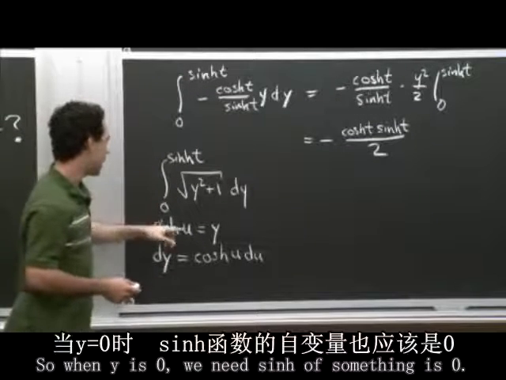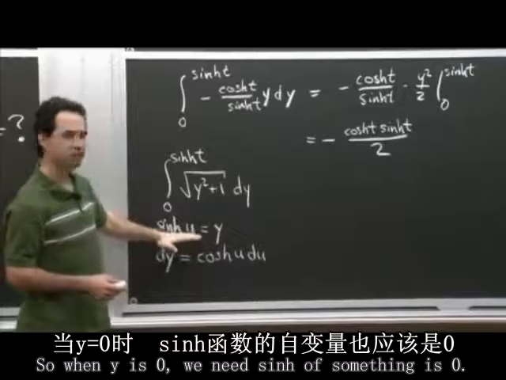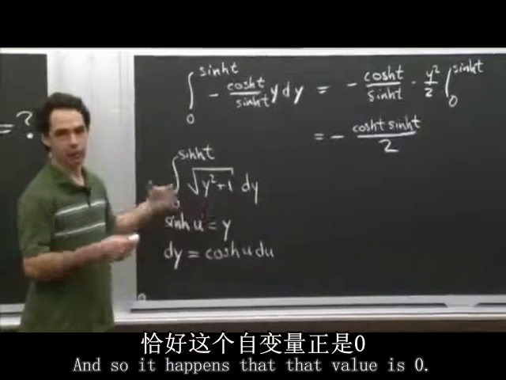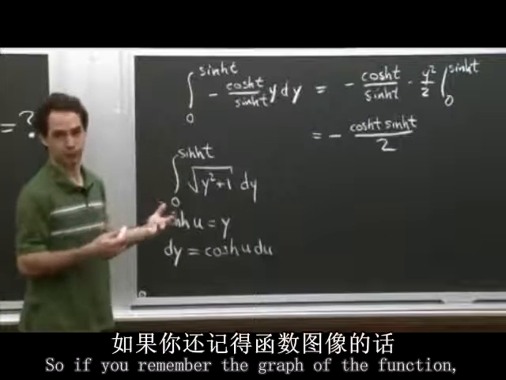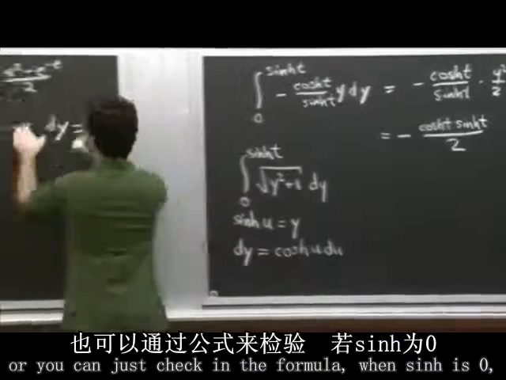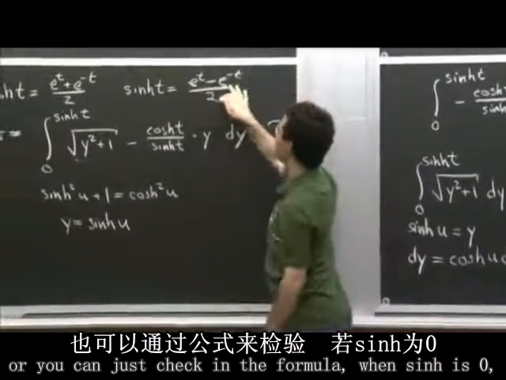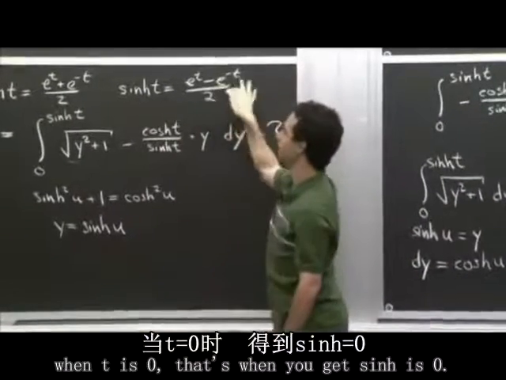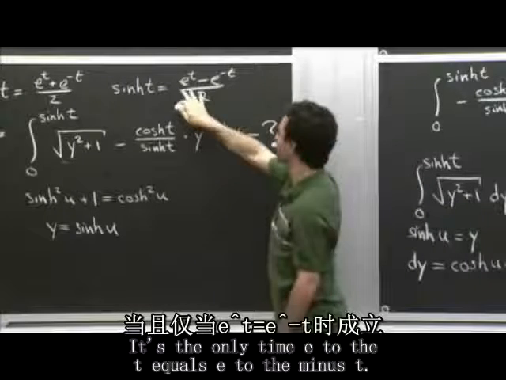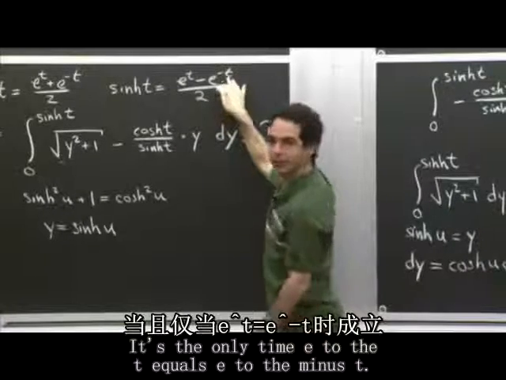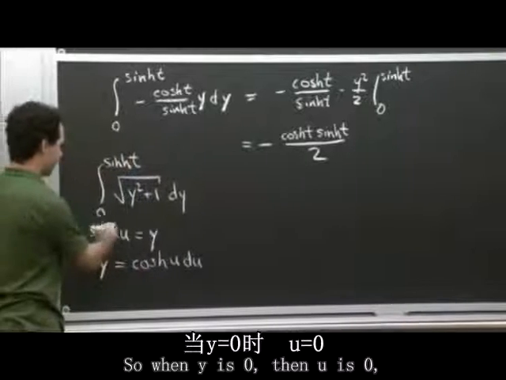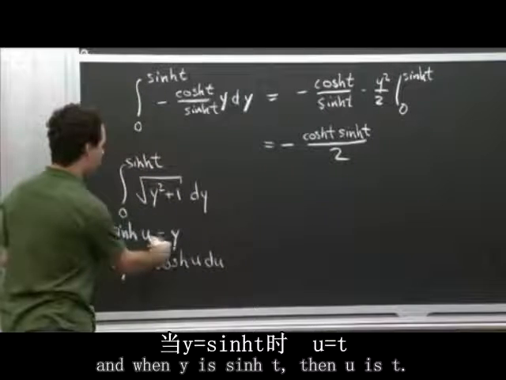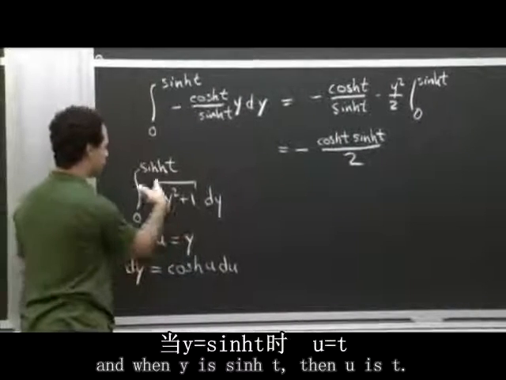So when y is 0, we need sinh of something to be 0. It happens that that value is 0. If you remember the graph of the function, or you can just check in the formula, when t is 0, that's when sinh is 0. It's the only time e to the t equals e to the minus t. OK, so when y is 0, then u is 0. And when y is sinh t, then u is t, right?